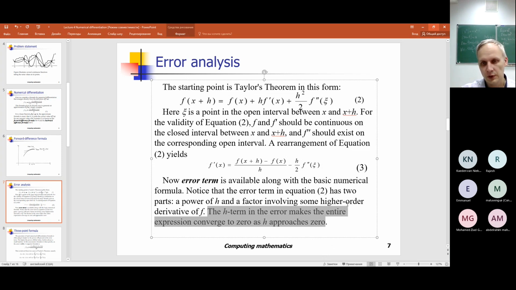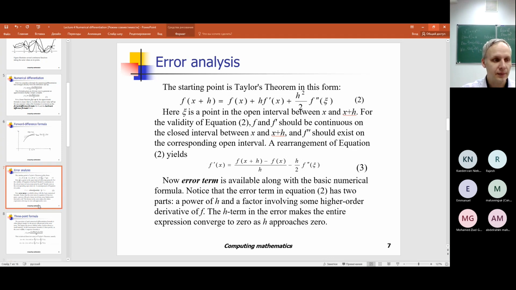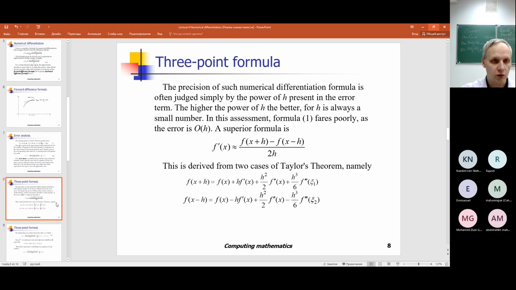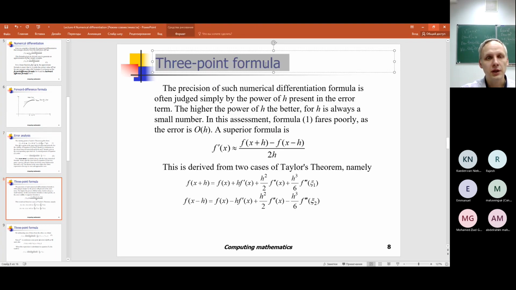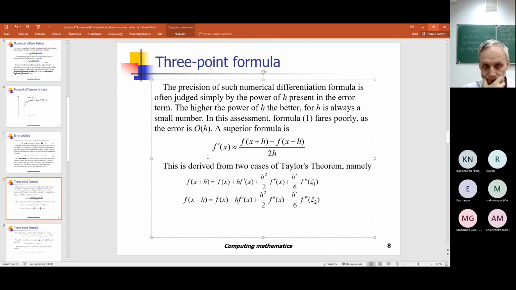Well, if it's more or less clear, let's consider another formula for numerical differentiation. It's called 3-point formula. The precision of such numerical differentiation formula is often judged simply by the power of h present in the error term.